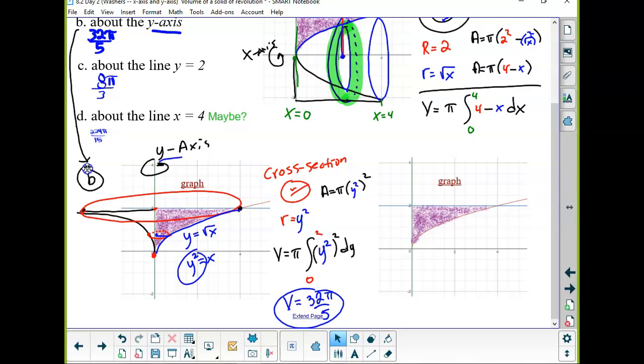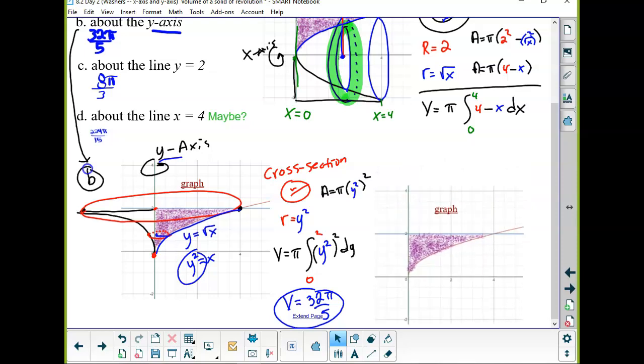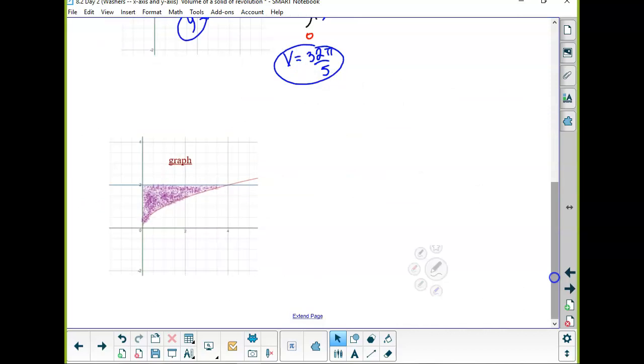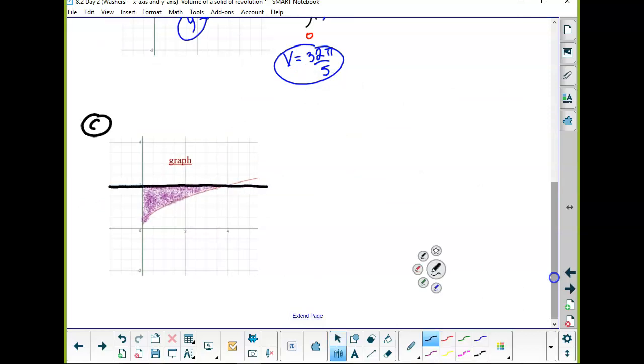I decided to throw part C out there just to see if you can do it. And let's look at that one really quick here. So here's part C. They're telling us now to rotate about the line y equals 2. Okay, so that, picture this, it would be kind of like if we rotated about the x-axis.